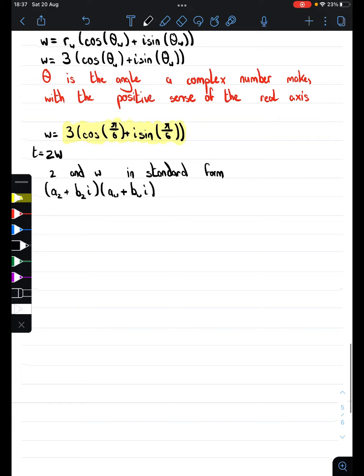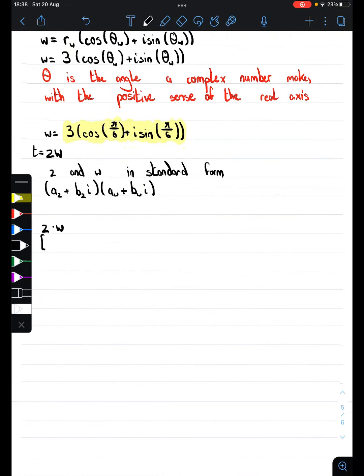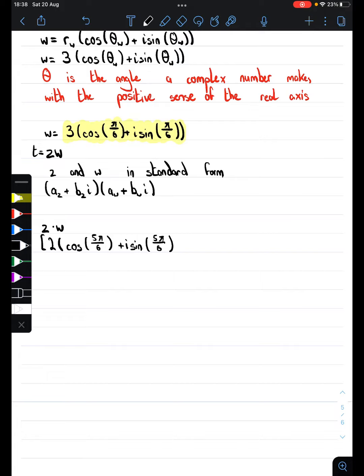So if we have z times w, let's write out the form of z. So z equals 2 cosine 5 pi over 6 plus i sine 5 pi over 6 and w is 3 cosine pi over 6 plus i sine pi over 6.